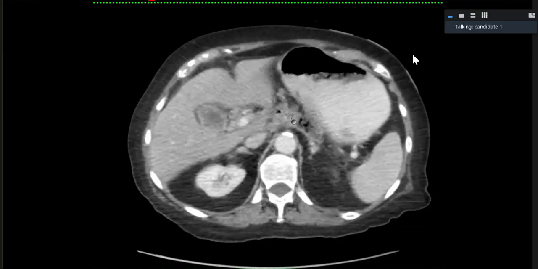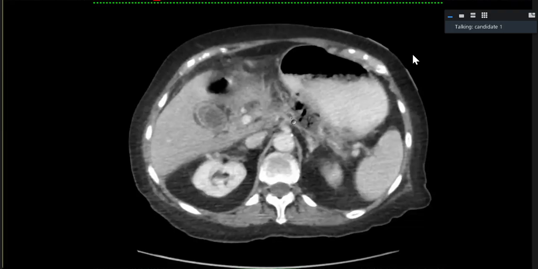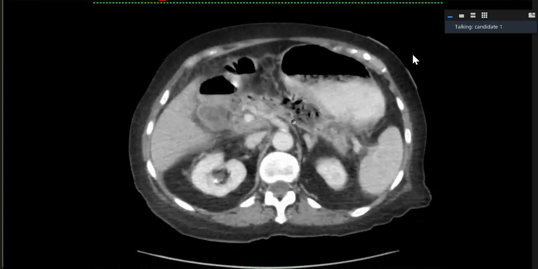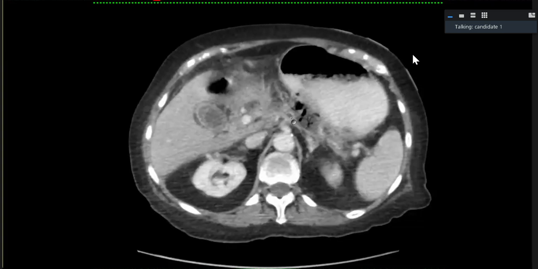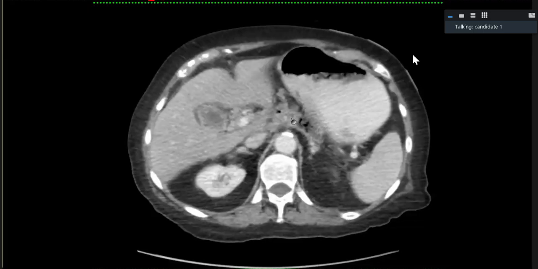I want to see the gallbladder also, because the gallbladder wall is seen thickened. But I can't appreciate certain stones. This is a wall of necrosis related to pancreatitis.